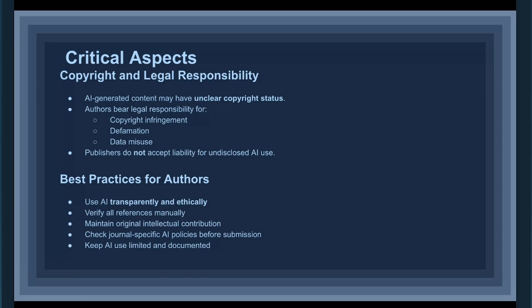So what are the best practices? You should maintain transparency. If you have taken some information from somewhere through AI, then you should disclose that beforehand. You should use plagiarism checkers and verify everything on your personal account before you go ahead and submit.